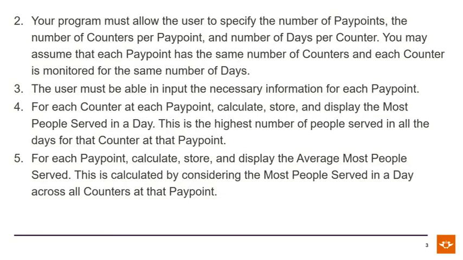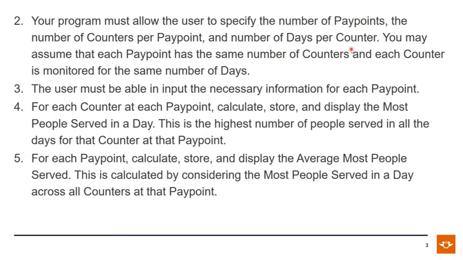So over here, you will see that it says question 2, and question 2 is typically going to be like this. It's going to involve you being told, listen, there are so many dimensions, and these are what the dimensions are for, and you can always assume that these dimensions are the same throughout. So if you look at question 2, your program must allow the user to specify the number of pay points.